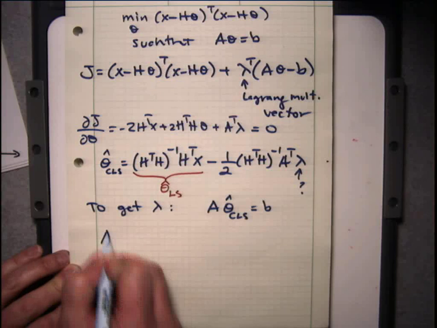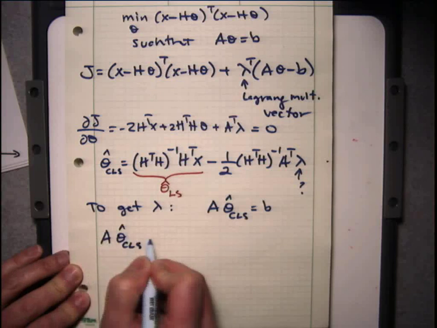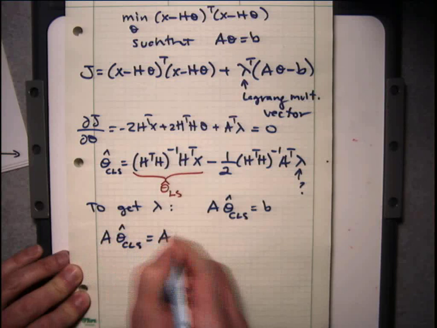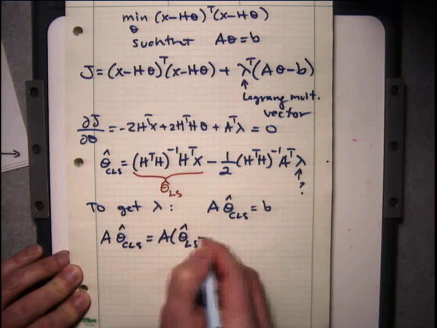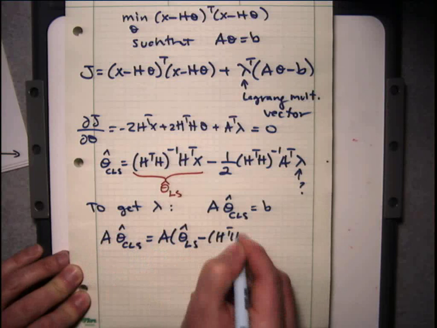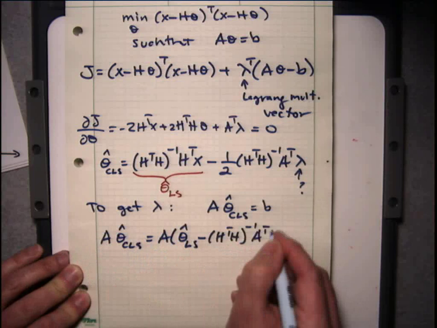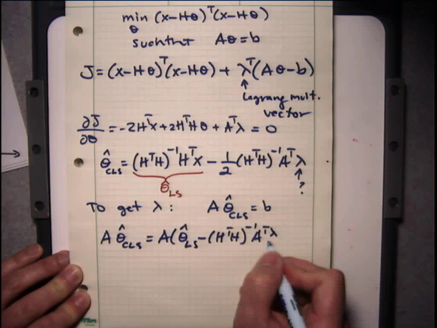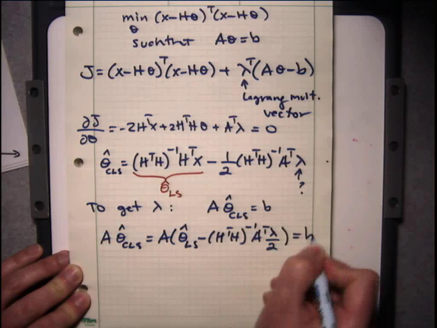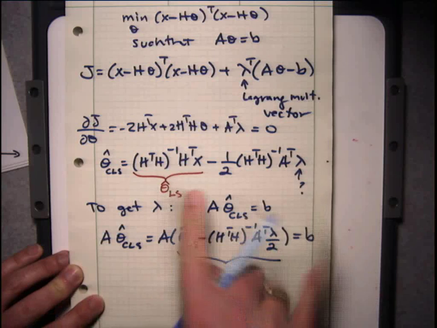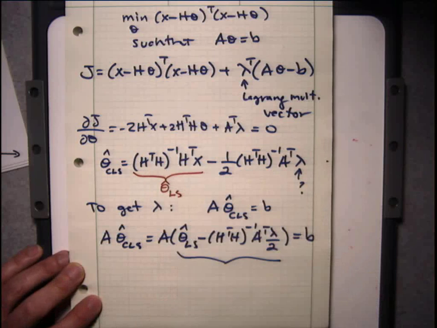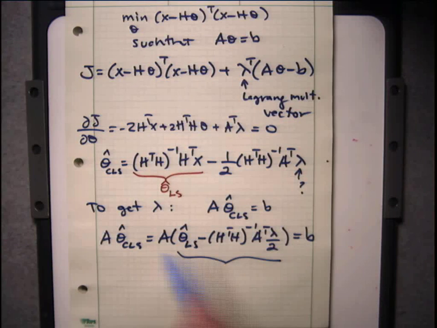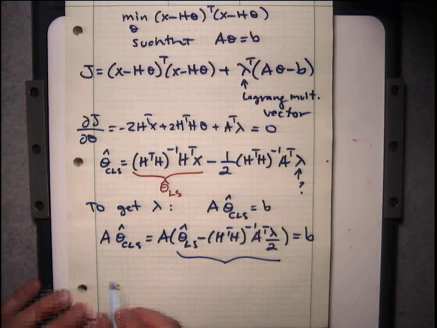Okay, so we have A theta hat CLS equals A times theta hat least squares minus (H transpose H) inverse A transpose lambda over 2 equals B. So this is just this guy here. And now we have to solve this in order to get lambda. All right, so what do we get?